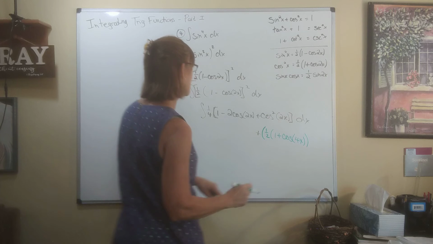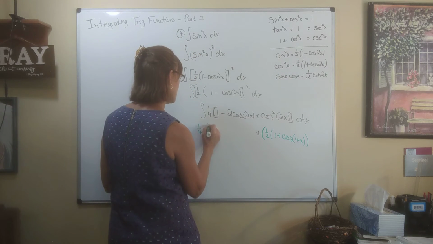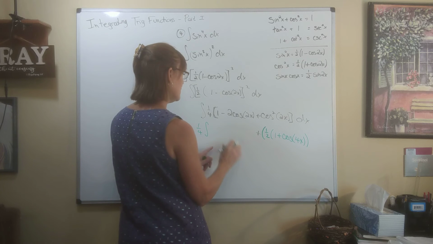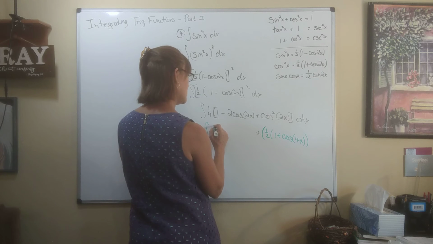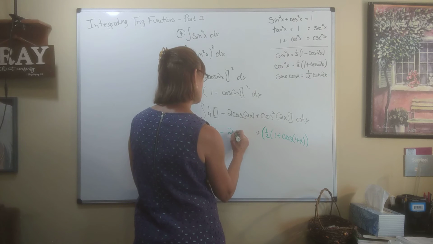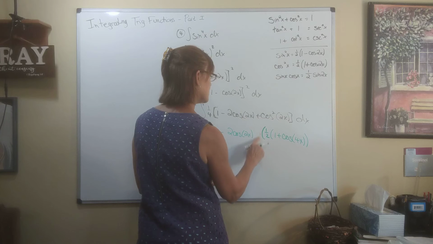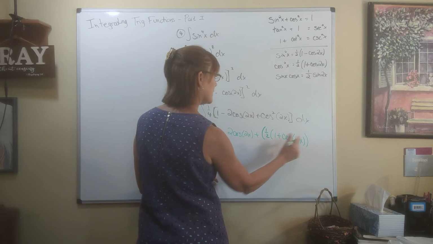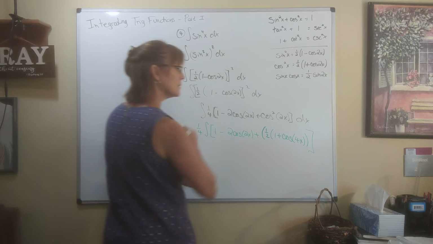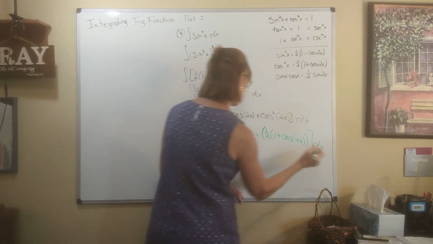All right, so what have we got? We've got this 1/4. I'm going to put it on the outside of this whole integral. That will take care of that. We've got this times 1 minus 2 cosine of 2x plus, I rewrote that, 1/2 times 1 plus cosine 4x, dx. We can do this.